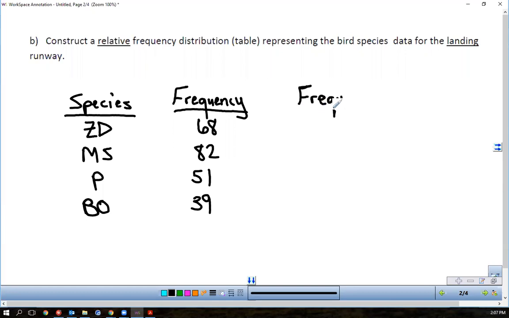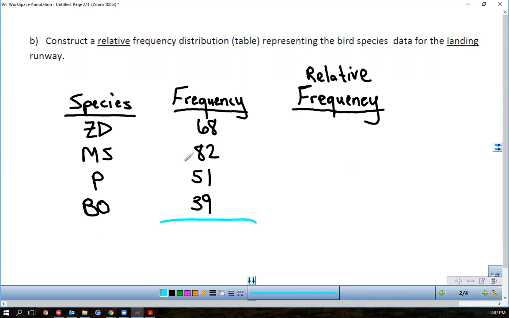Now we want to calculate relative frequency. So what do we need to do first before we can start calculating relative frequencies? Add them up, yes. Are we doing the full total or just the landing? Just the landing total. 240, yes.